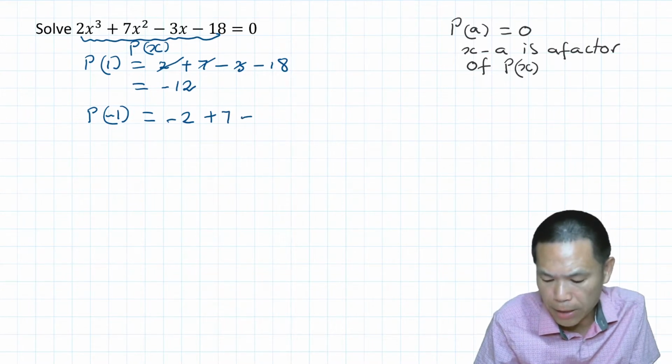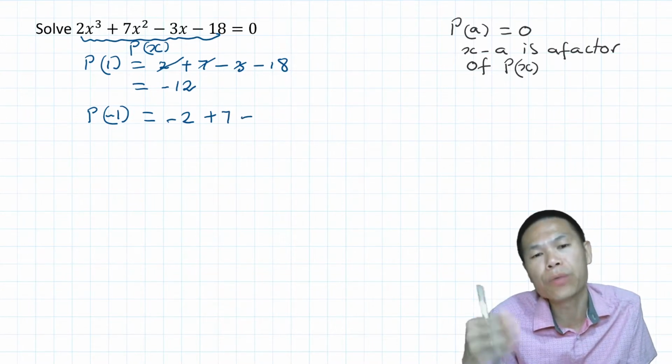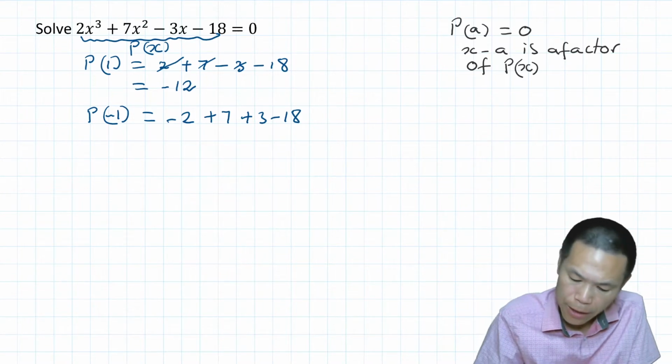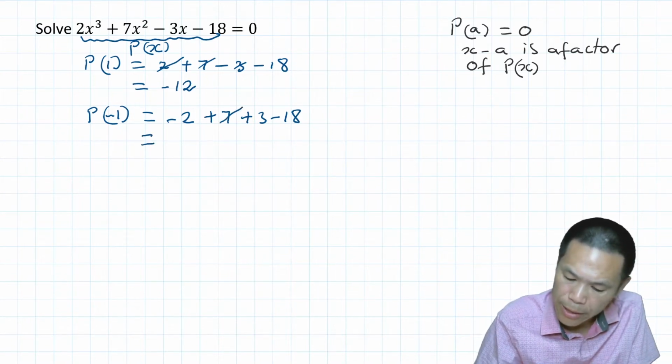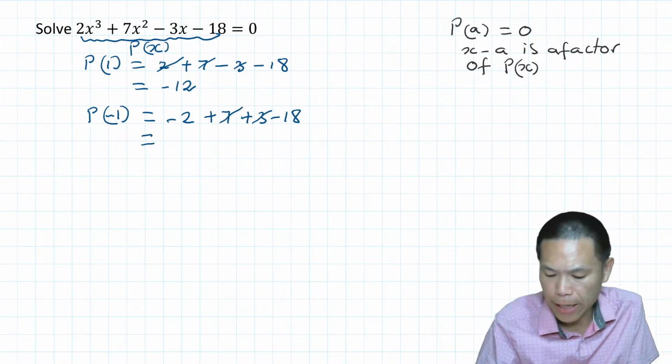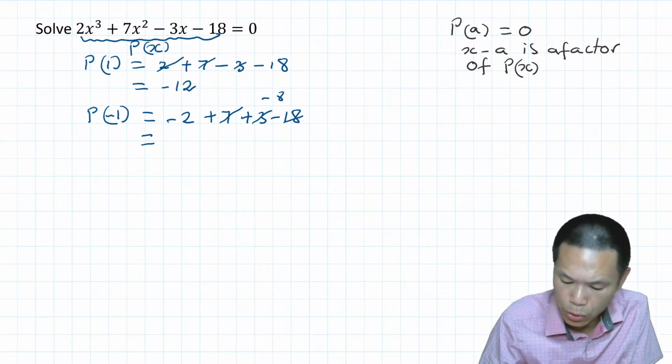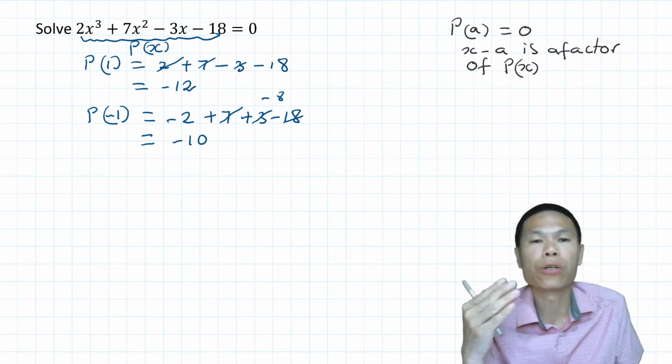And then minus 3 lots of negative 1 is positive 3, so that becomes plus 3. And minus 18. Then this adds together to give me 10, 10 minus 18 is negative 8, and then minus 2, so negative 10. So it's not equal to 0.